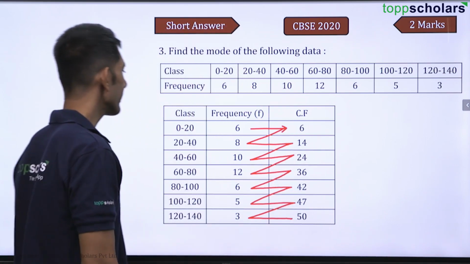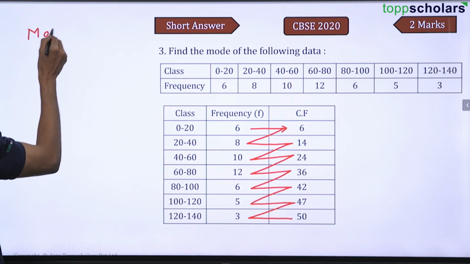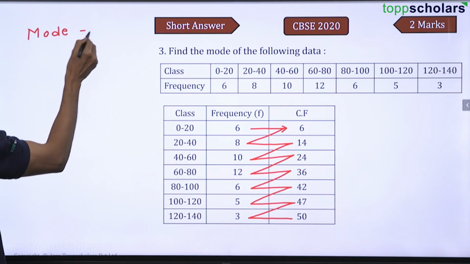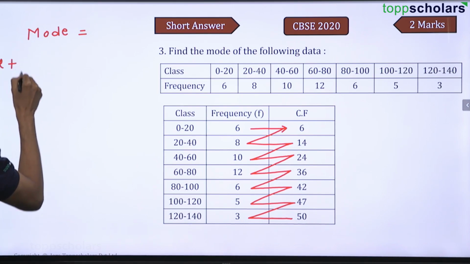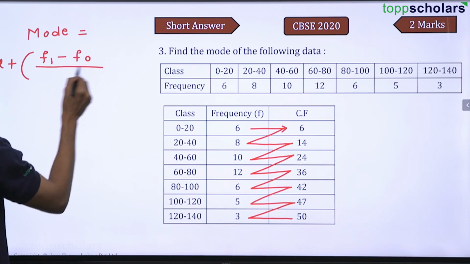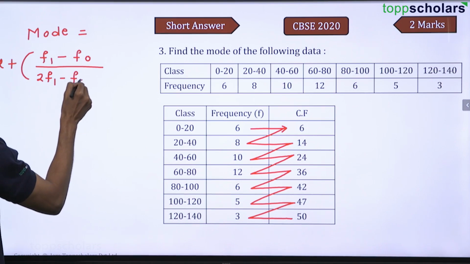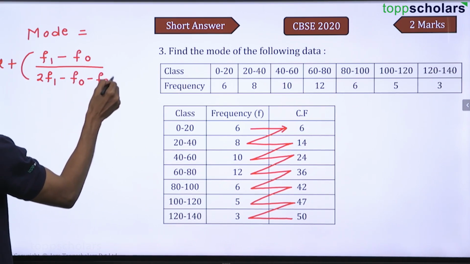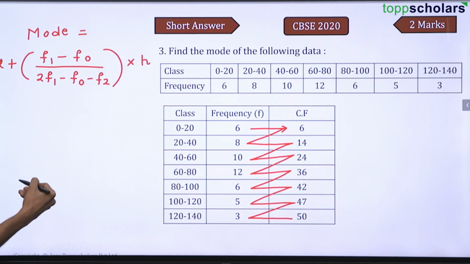Now after finding out CF, firstly if you remember, we need to know the formula for mode. The mode of a given data is given by L plus F1 minus F0 by 2F1 minus F0 minus F2 into H. Now firstly we need to find out the modal class.